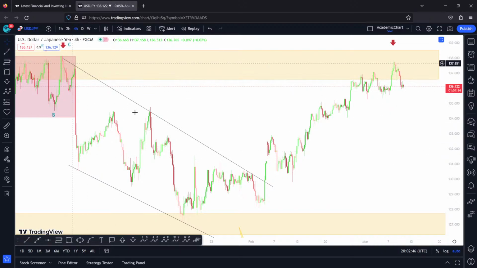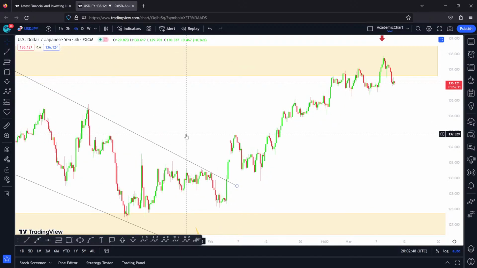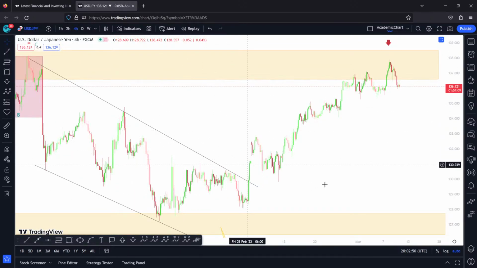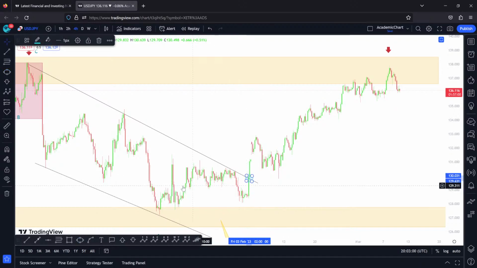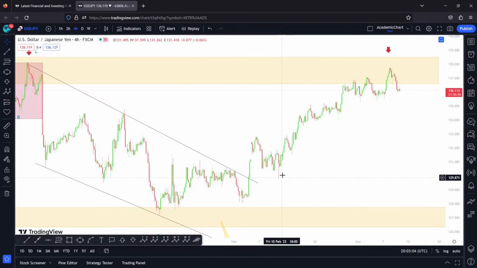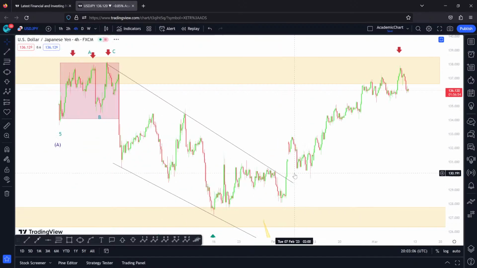Also, it trapped me in a mistake. Anyhow, we obviously see there is no need to show it, but we had of course a breakout of that channel because it reversed back and actually started a bullish momentum.